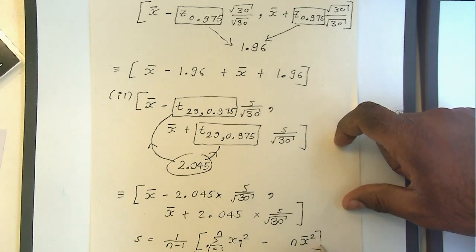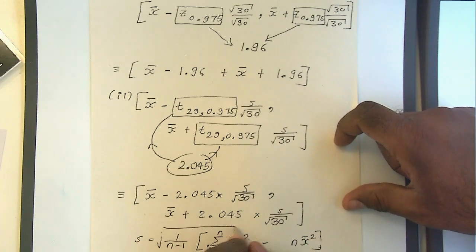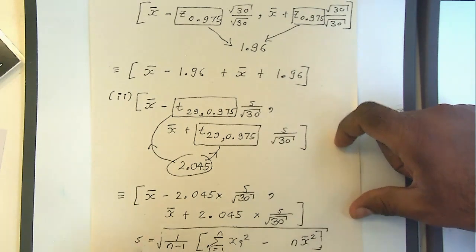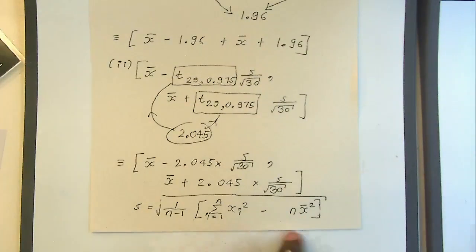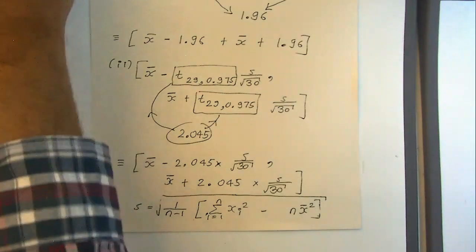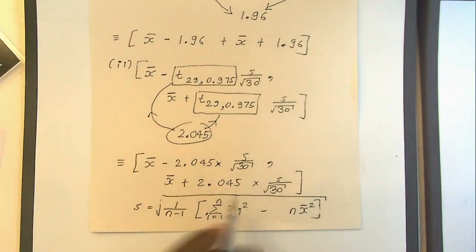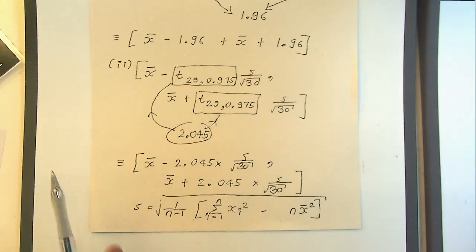Yeah? This is the formula for S. Now you need to use this formula. I'm not going to do it now, but you need to use this formula to compute the value for S, right? And once you got the value for S, you sub it in here, and you know the confidence interval, right? That's part 2, right?